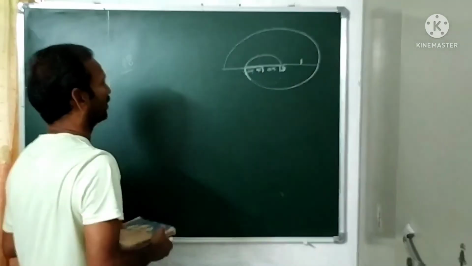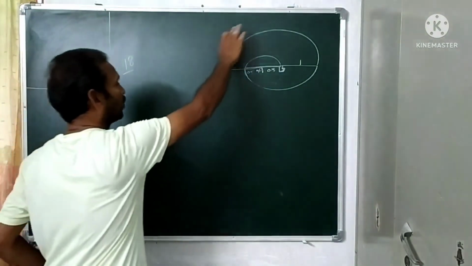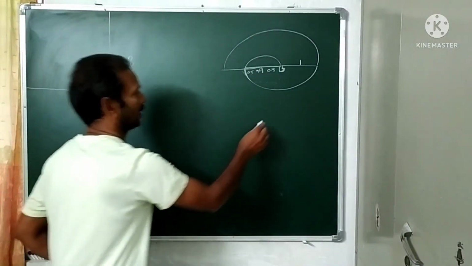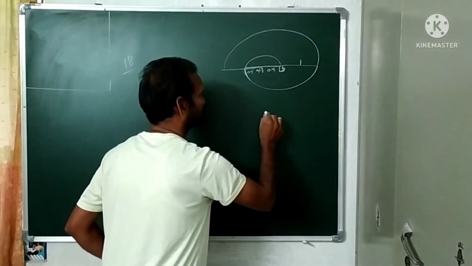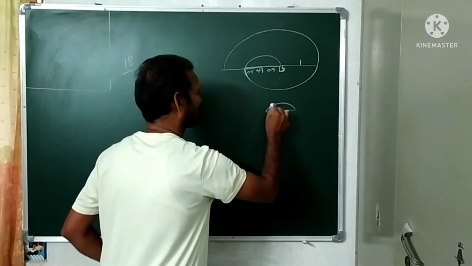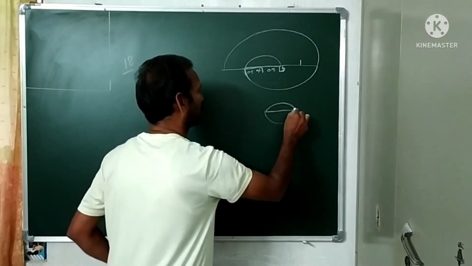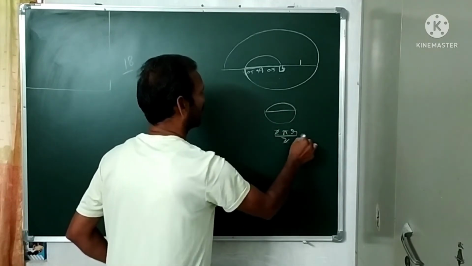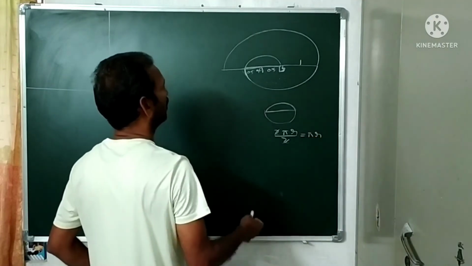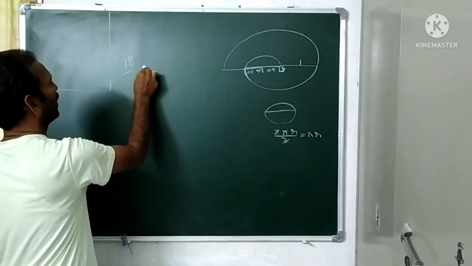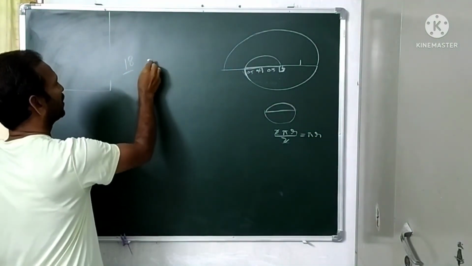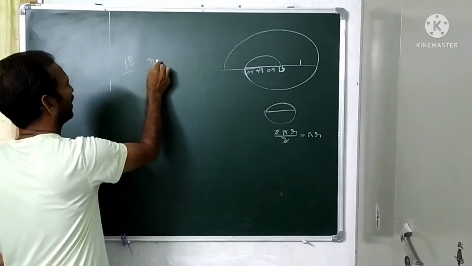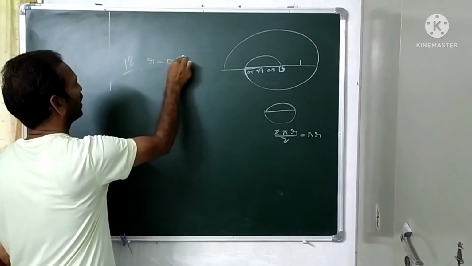So what is it saying? They asked for this total length. See, a semicircle. We want this circumference. The total circle circumference means 2 pi r. Half of it means pi r. So the first one is pi r1, where the radius is 0.5.